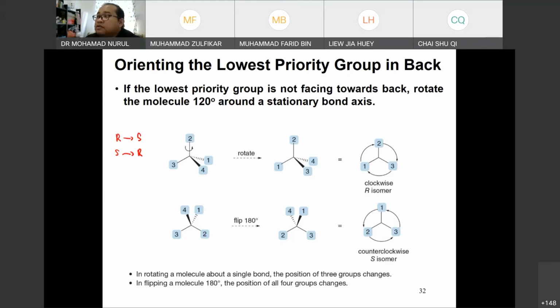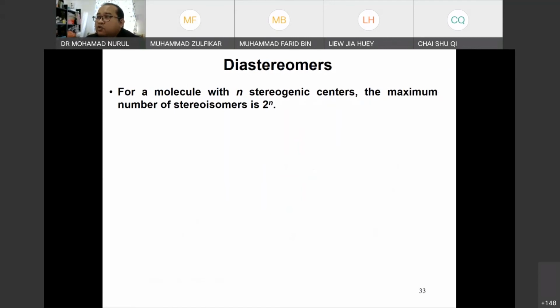For diastereomers, a molecule with n stereogenic centers can have up to 2 to the power of n stereoisomers. The maximum number of stereoisomers is 2 to the power of n.